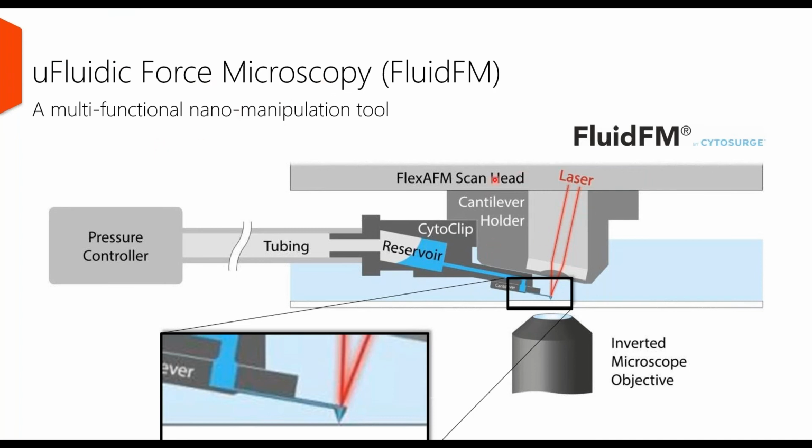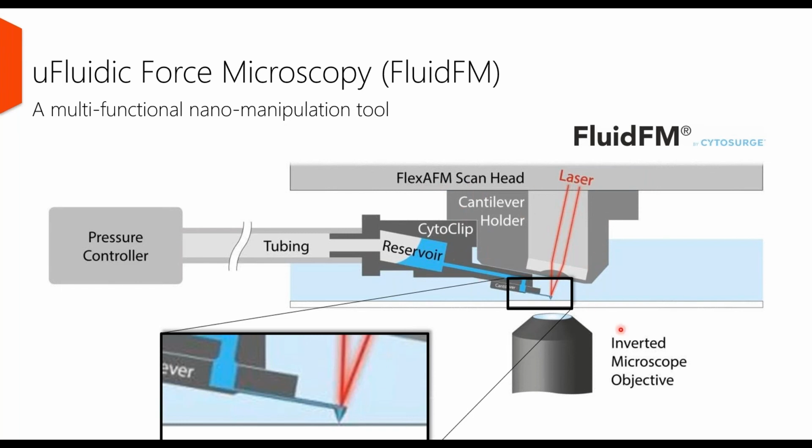The way it works is that you have a special kind of cantilever, which is completely hollow, and it's attached to a microfluidic system which has a reservoir where you can put any sort of media. It's attached to a microfluidic pressure controller, which allows you to apply positive or negative pressures to the fluid that's inside the cantilever itself.